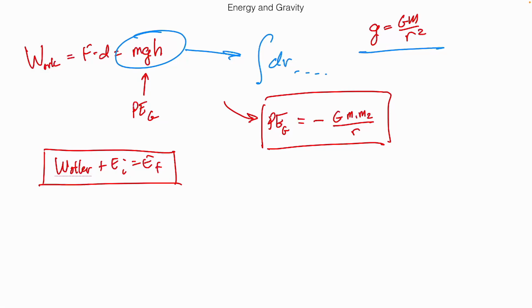Oh, 0 mass, we're done. Okay, fine, you're not a photon. Everything else in the universe has mass. So we can mess with the masses, but we can't set them to 0 to say that thing's 0. So the only other thing we have is this distance from the center of the planet. So in order for this gravitational potential energy to be 0, what does R have to be?